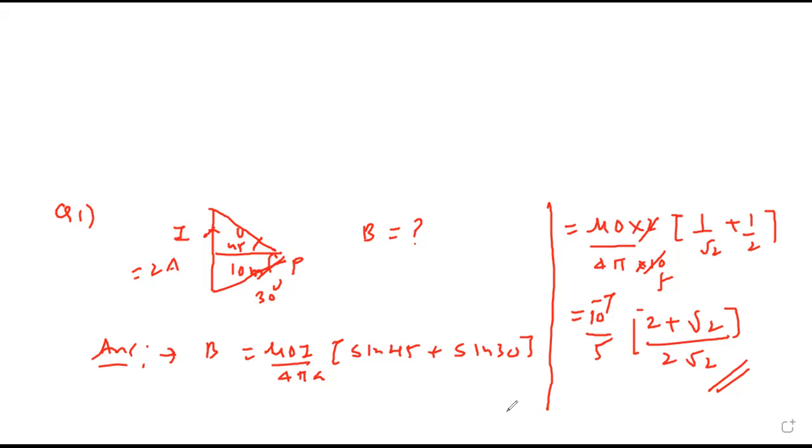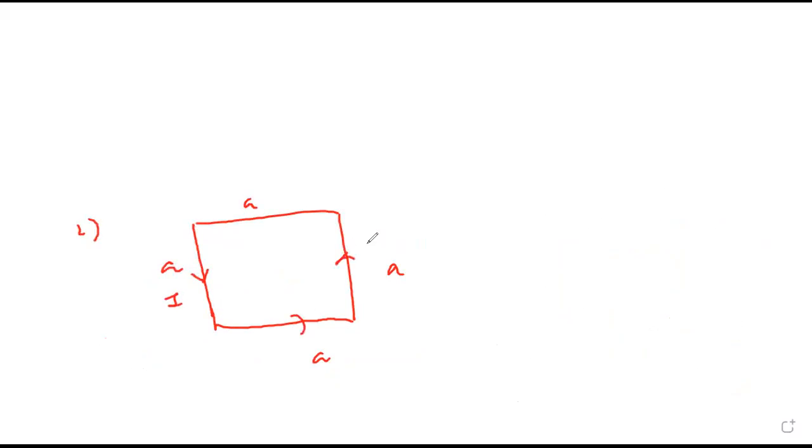Done, sir. This is a square conductor coil having side A carrying current I in anti-clockwise direction.